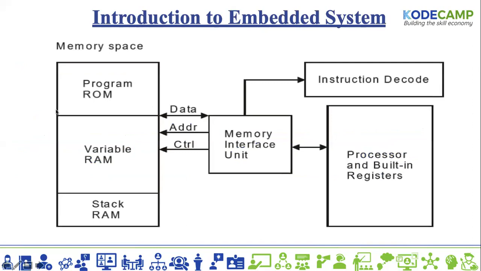So look at this. It has the program memory, which is the read-only memory. It has the RAM, and then it has the SRAM, which is the static RAM. Now it has the address and it also has the control.